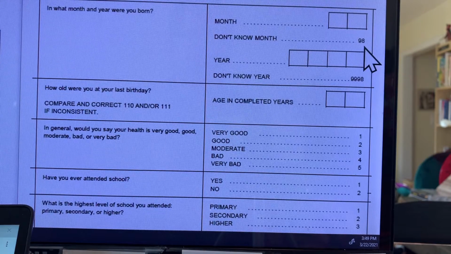So you put 98. Now, what about year? You have 4 digits here. But what if the person doesn't know the year? You still have to put 9998. Why is it 98 and not 99? All right? This is because the 99 happens when, for example, this was a paper-based questionnaire.